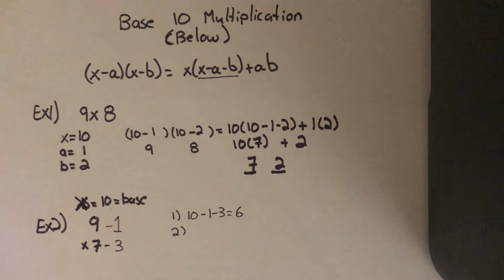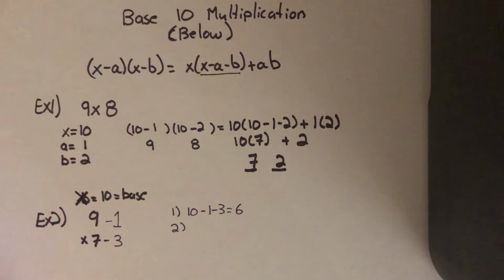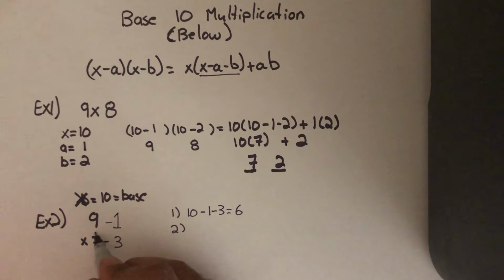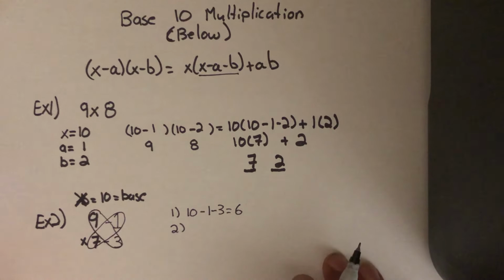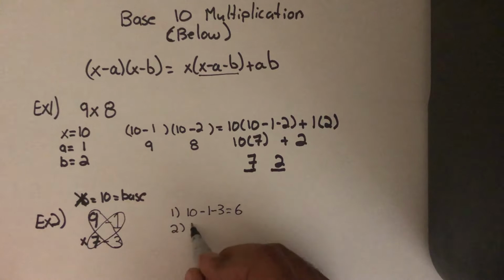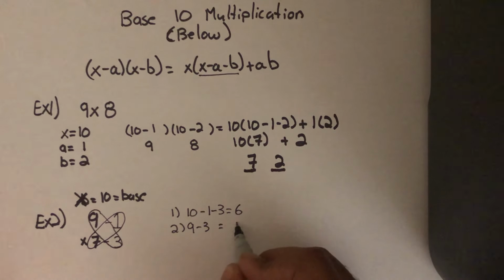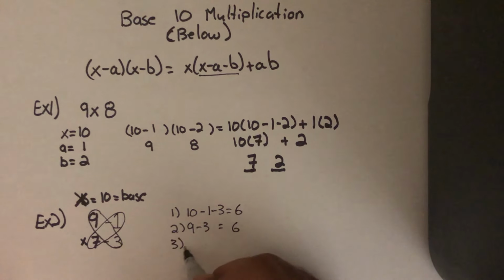So what that basically means, don't think too hard about it. It basically means you can also do it these 2 ways. You can say 7 minus 1, the difference of the diagonals, or 9 minus 3. So I could say 9 minus 3 is 6, and I could say 7 minus 1 is 6.